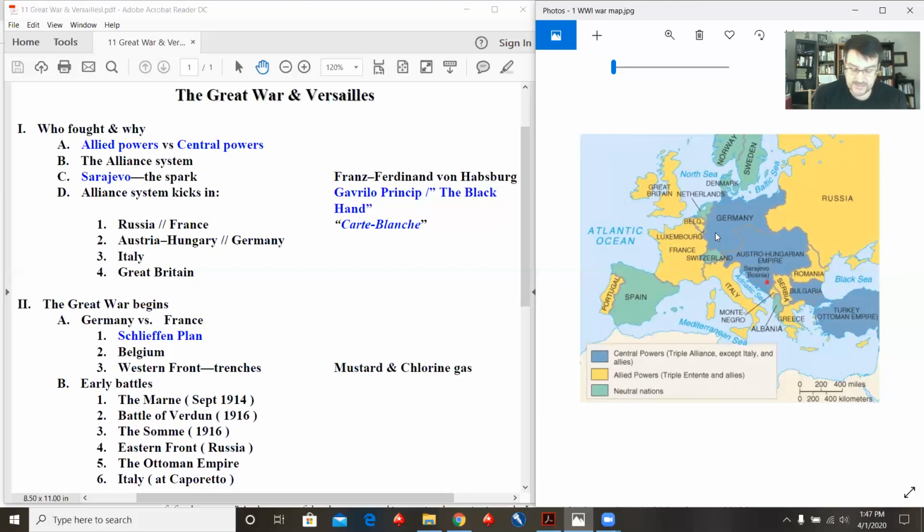Their alliance stated simply that if either were attacked, the other would come to its aid. And so what that did was to present Germany with two fronts on which to fight in the event of war, which is, of course, the last thing you would ever want. The overall result of these two alliances was that Europe was split into two opposing camps: Germany, Austria, and Italy versus France and Russia. So right there, something is set up to happen.